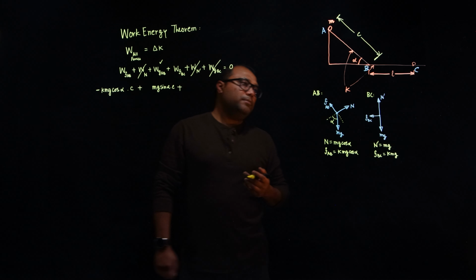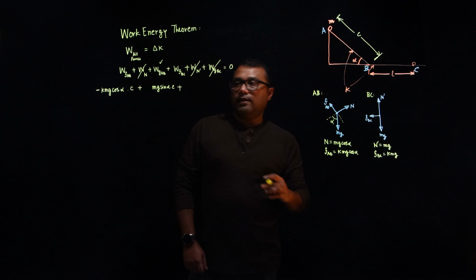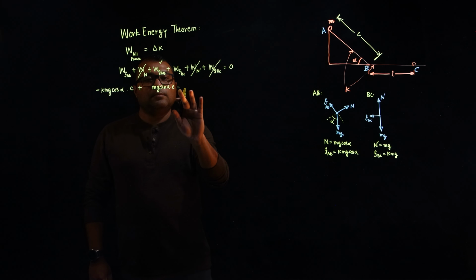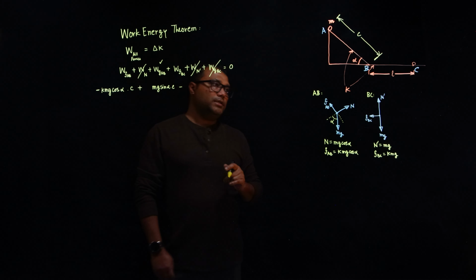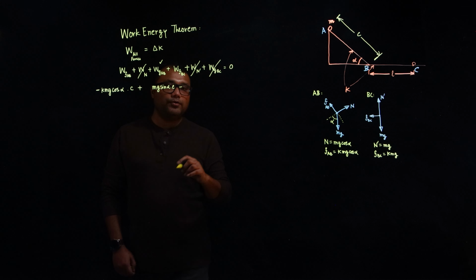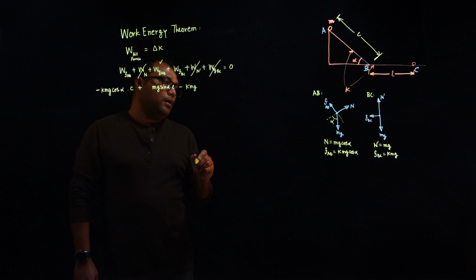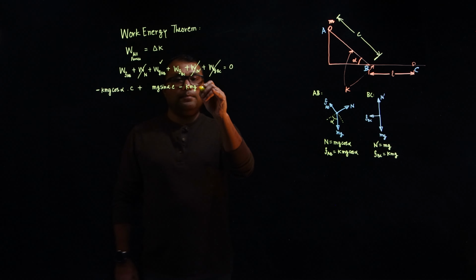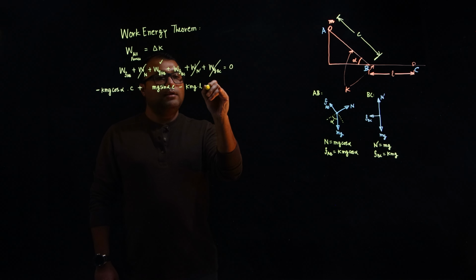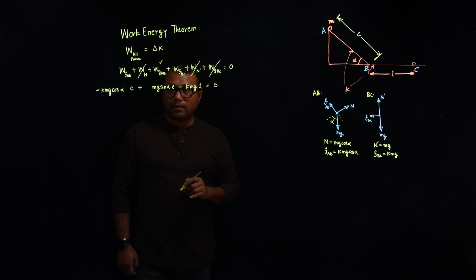And work done by friction force BC, again this is minus because the displacement is opposite to the direction of friction force, so K mg L, and this should be equal to 0.